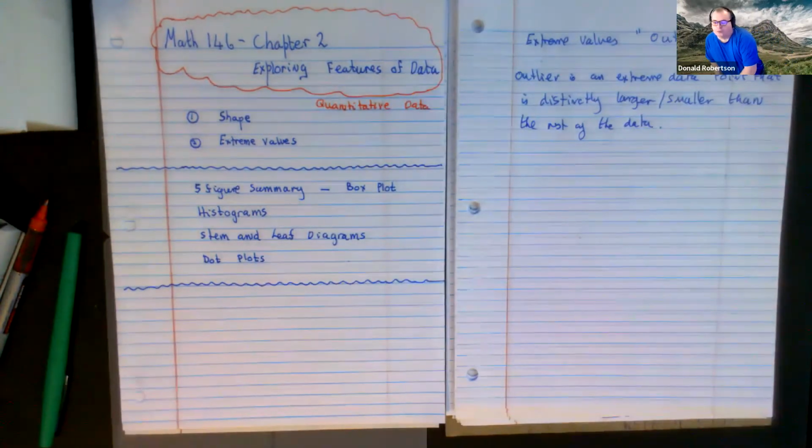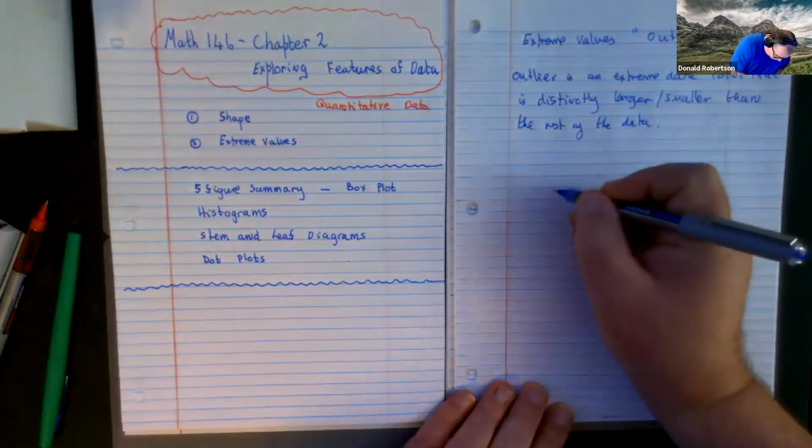Outliers cause problems in statistics. We do not like outliers. Outliers tend to distort the information. You'll find out later, for instance, that an outlier will make a mean much bigger than it truly should be when you look at the rest of the data.